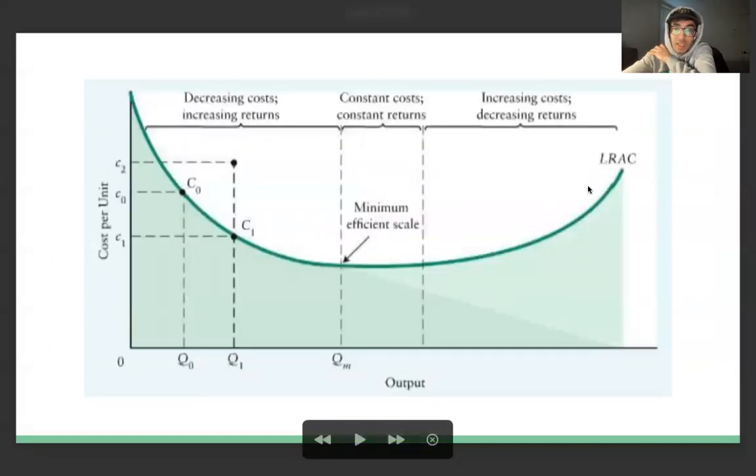Yeah, these are the three phases of the long run average cost curve. But at all of these points, irrespective of if the curve is falling down or going up, these are all the minimum cost points for the respective outputs, because we can optimize the quantity of labor and capital both.